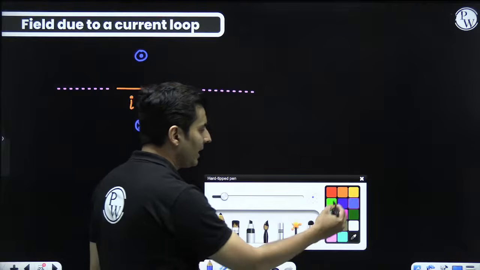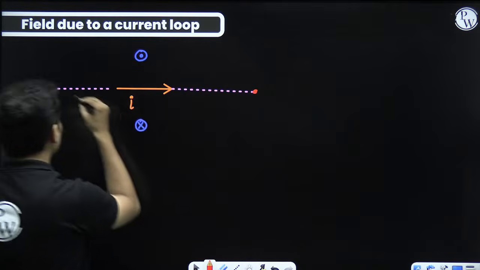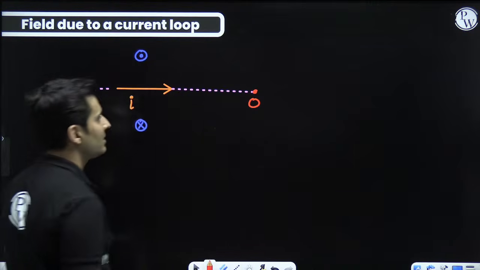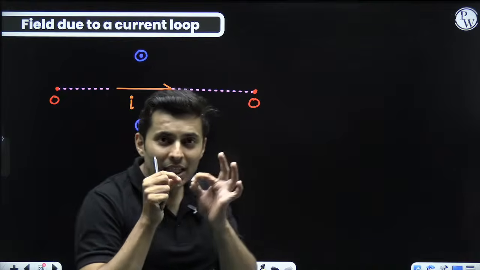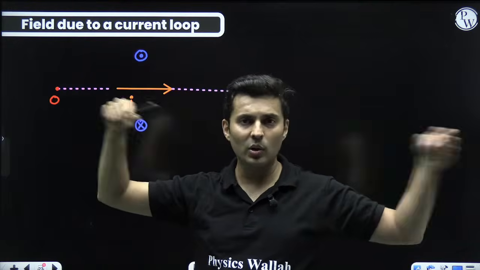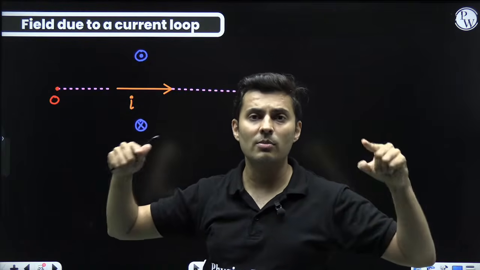Then the answer, my dear, is always going to be a big fat 0. On the line, no matter how close you are, the magnetic field contribution is 0.